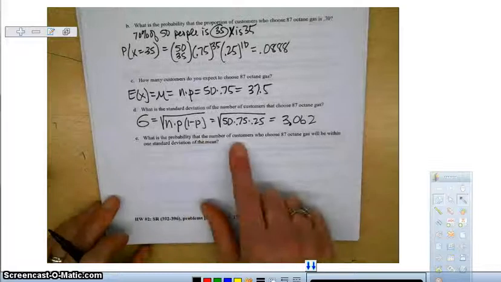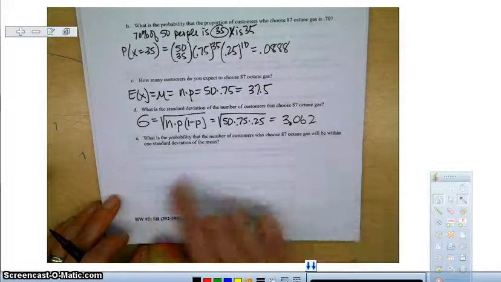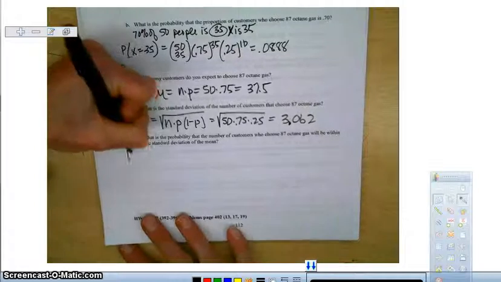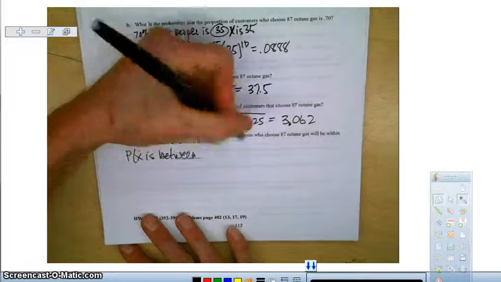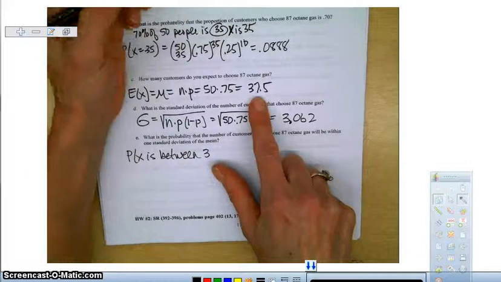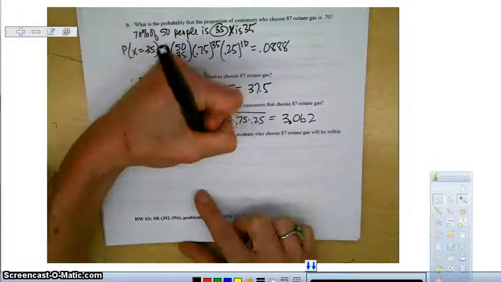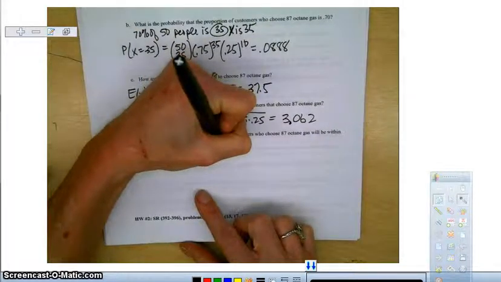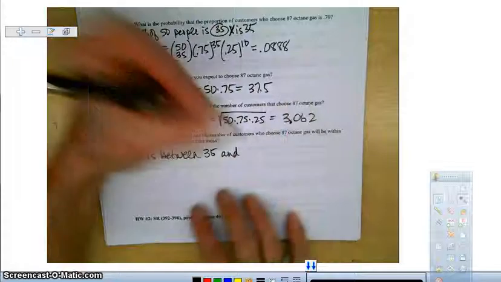So it says, what is the probability that the number of customers who choose 87 octane gas will be within 1 standard deviation of the mean? So the probability that X is between 37.5 minus 3, 34.5, so about 35, and add 3, 40.5, and 41.